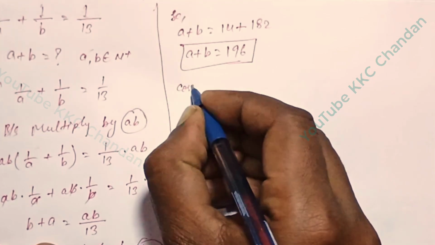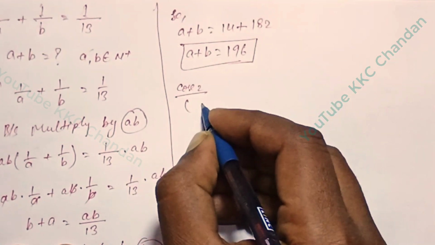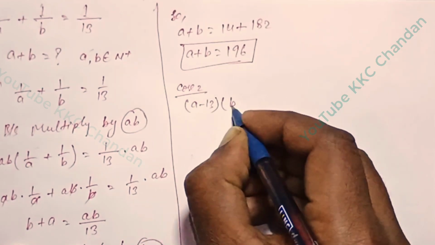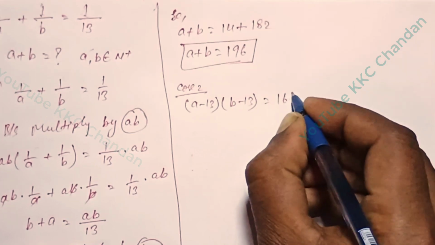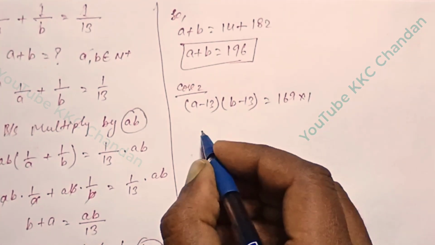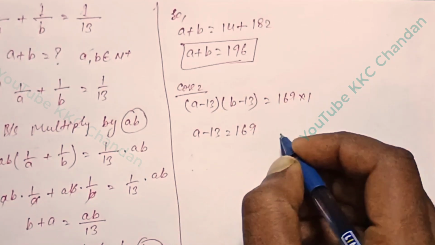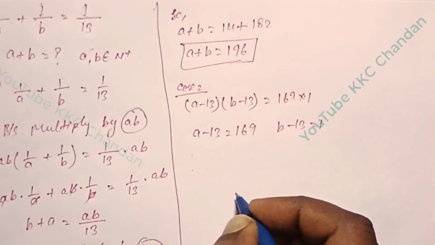Second, case number 2. Case number 2 says that bracket open a minus 13 into b minus 13 is equal to 169 into 1. After the next step, a minus 13 is equal to 169, b minus 13 is equal to 1.